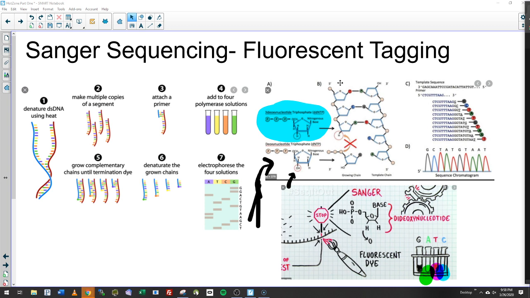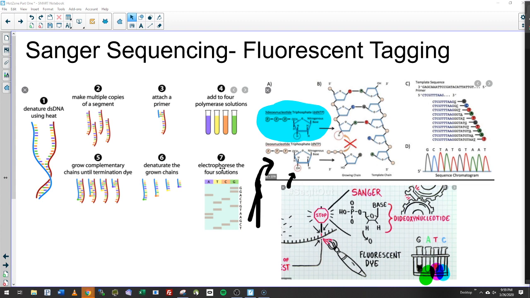There are a couple ways to handle that. There are very high resolution gels that exist. The gels that you all ran at Stony Brook were made with agarose. There's other types of gels called polyacrylamide, and there's other gels that I can't remember right now, but there are gels that have a resolution of like 1 or 2 base pairs, and you would be able to look at that.